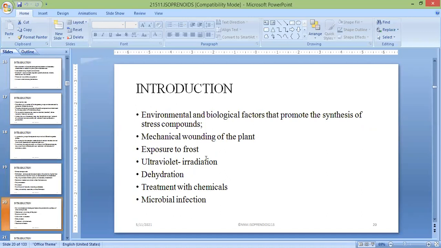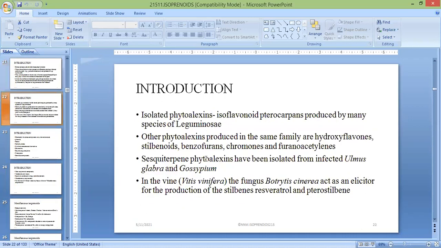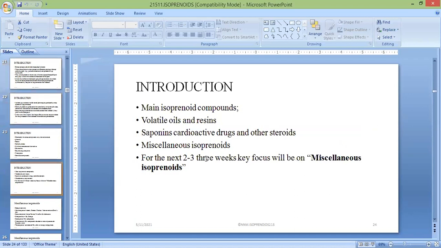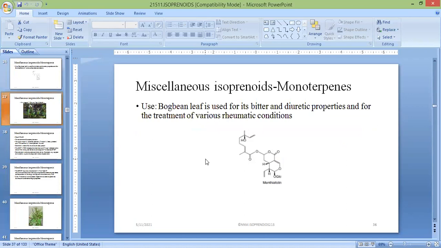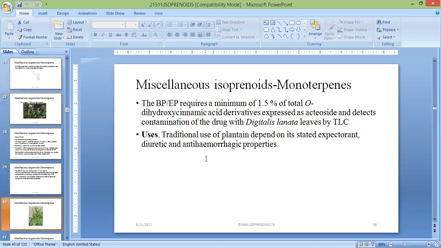Finally, the polyterpenoids, the most important one there is rubber. So that's just a summary. But now let's start on the diterpenoids.